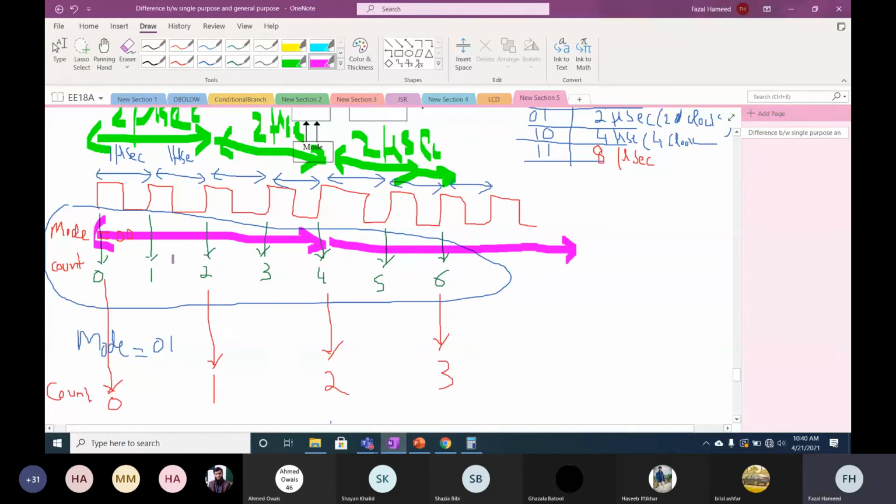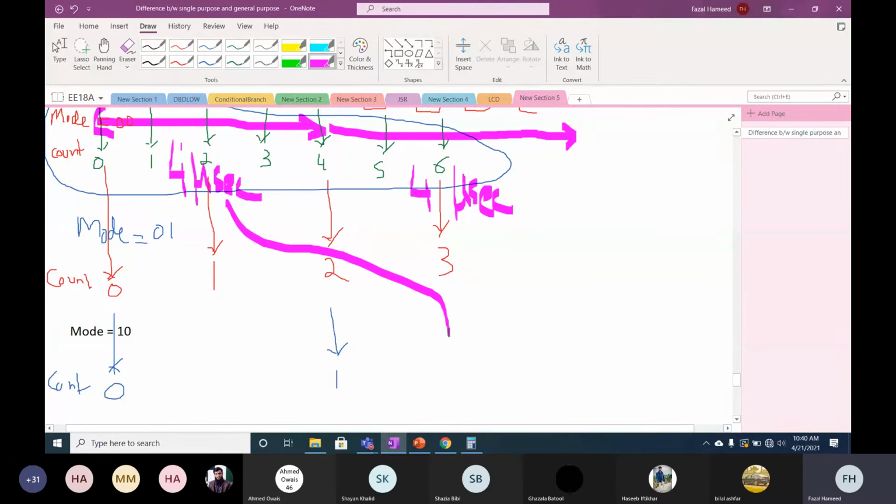So it is not 4 microsecond, but 4 multiplied by t period, and t period may vary. It depends on the clock frequency.